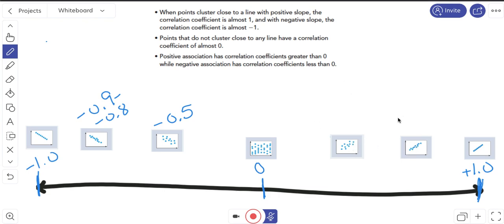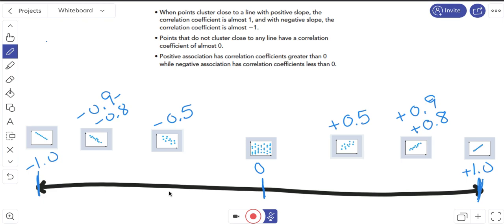I'm going to say this is a positive 0.9, maybe as low as positive 0.8, but not much lower than that. This particular one looks very similar to this one, except it has a positive relationship, so I'd say positive 0.5. Again, here's 0, here's a positive 1, here's a negative 1, and I can estimate where these other graphs are on this correlation coefficient continuum.